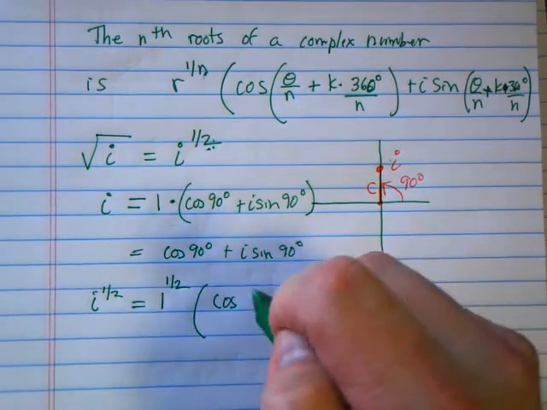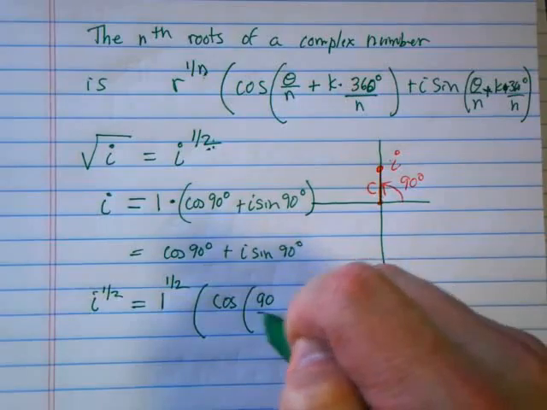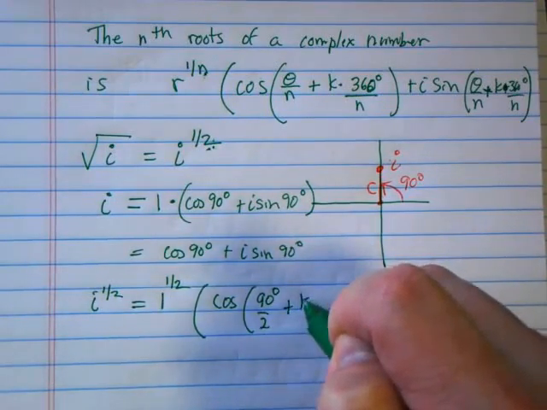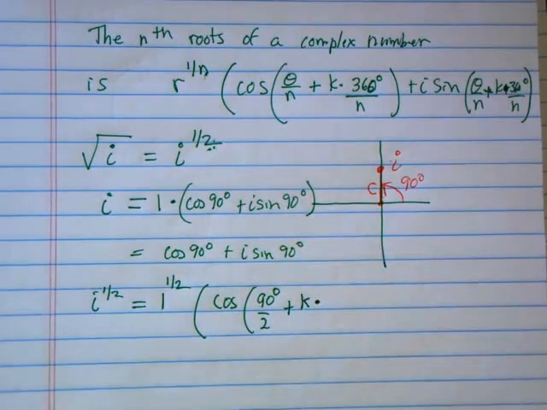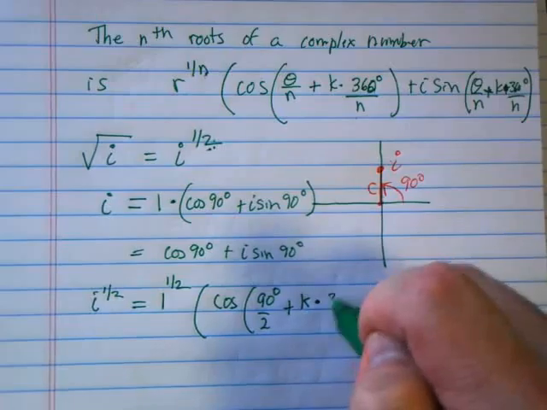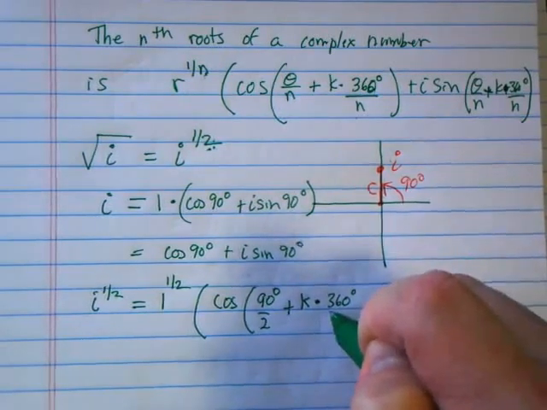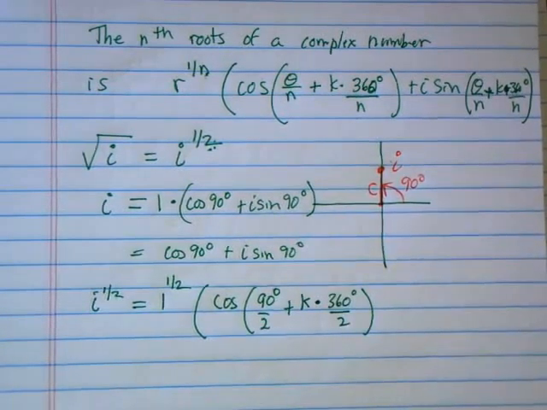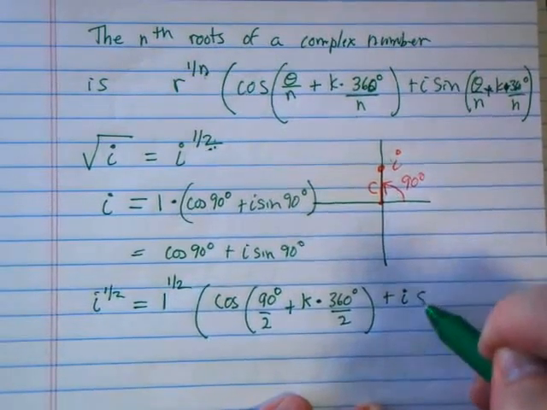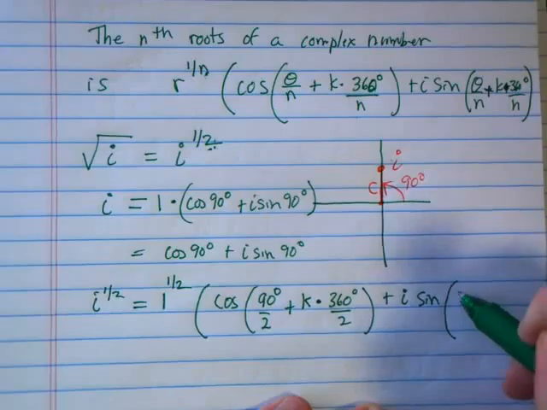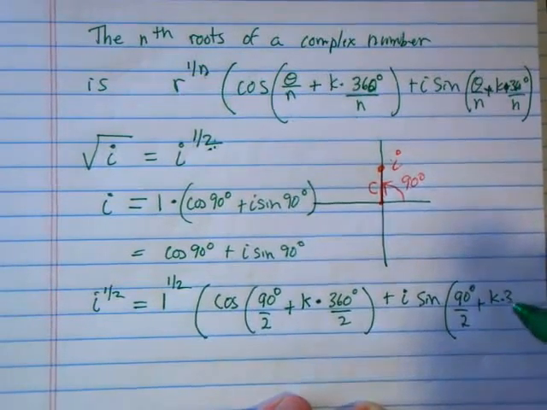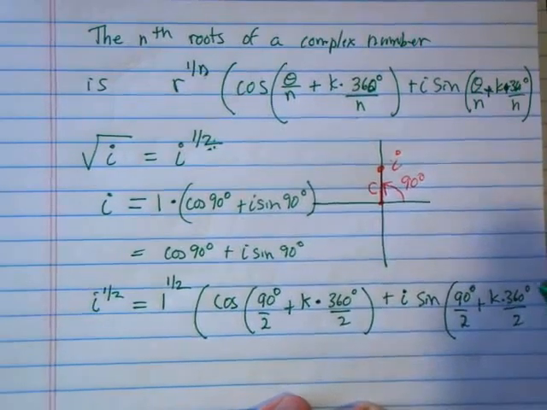So that's going to be cosine of 90 over 2, which is of course 45, plus k times 360 divided by 2. Plus I sine of exactly the same thing, 90 over 2 plus k times 360 over 2.